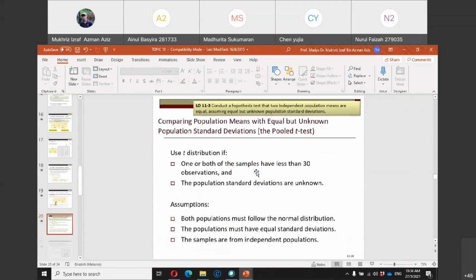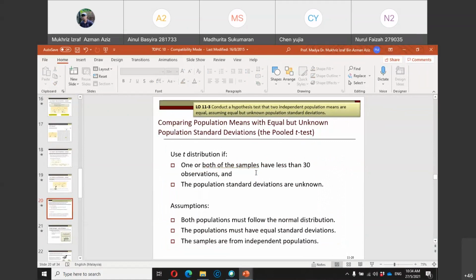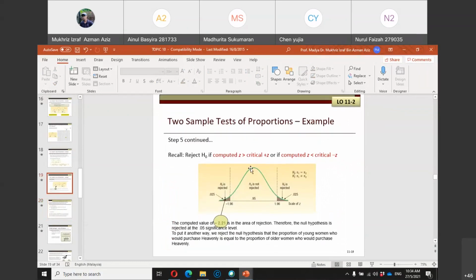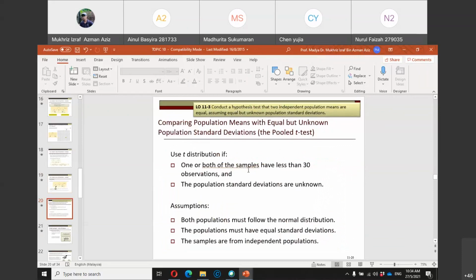Even though proportion is part of the syllabus, in terms of application in the real world, the more relevant one is using the t-test when sigma is unknown. So the first part on the t-test will be comparing the mean with equal but unknown population standard deviation. This is what we call the pooled t-test.